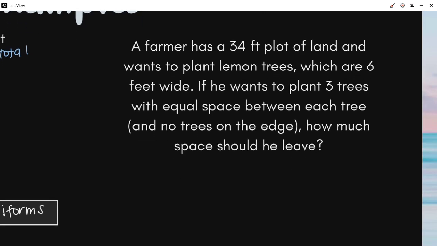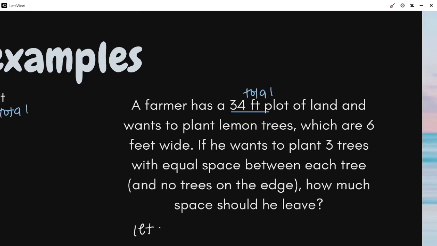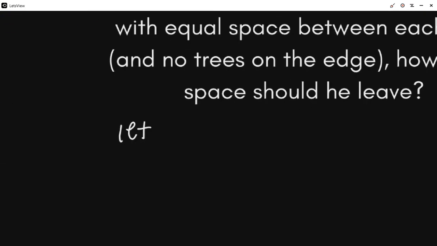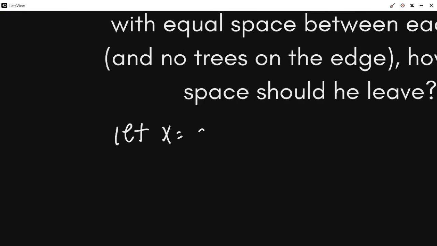So the 34 feet is the total that we have, and then the 6 feet is for each of the lemon trees. So what we want to know is the amount of space. So we're going to let x equal the amount of space.